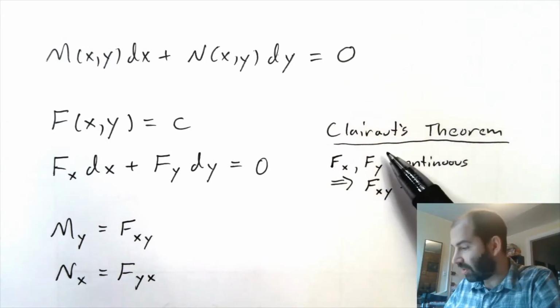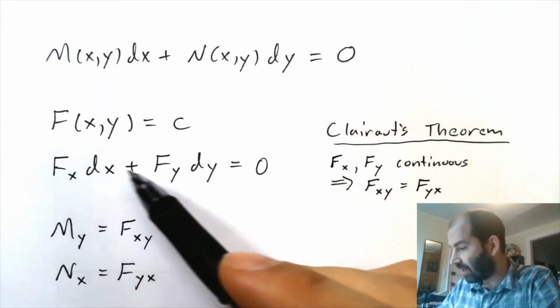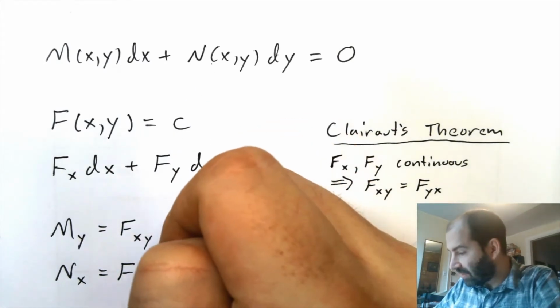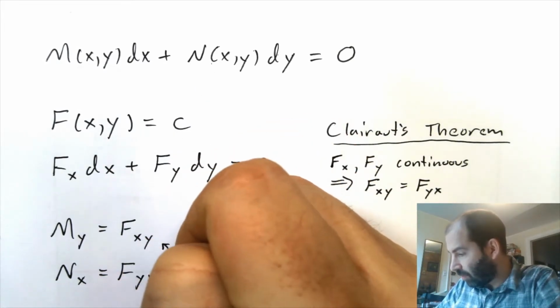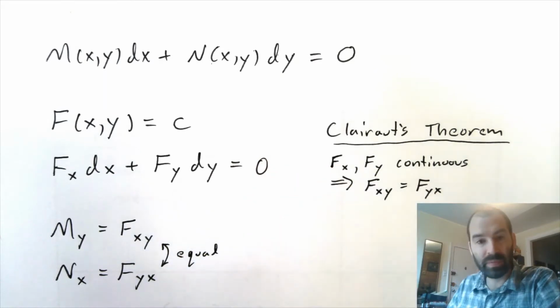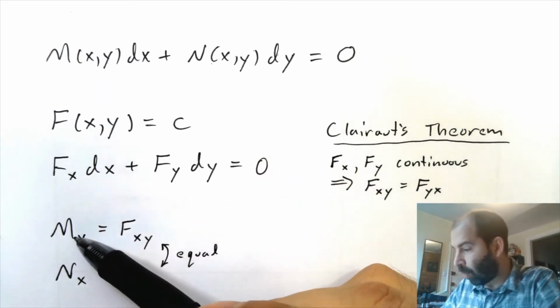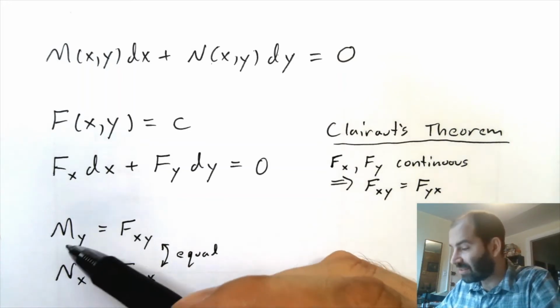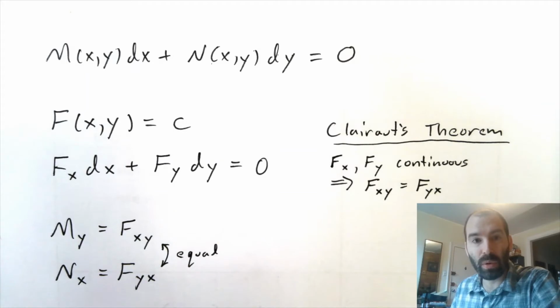But Clairaut's theorem says that if these things are continuous, in other words, M and N are continuous, then these things have to be equal. And that tells us that M_y has to equal N_x. And so that necessarily has to be true in order for the differential equation to be exact.